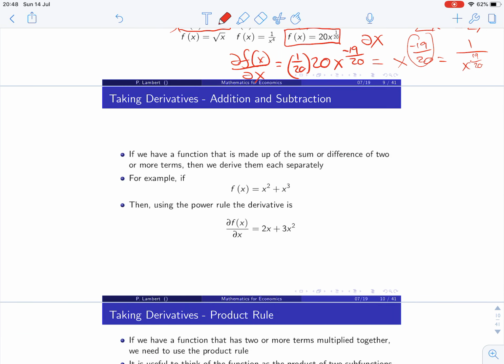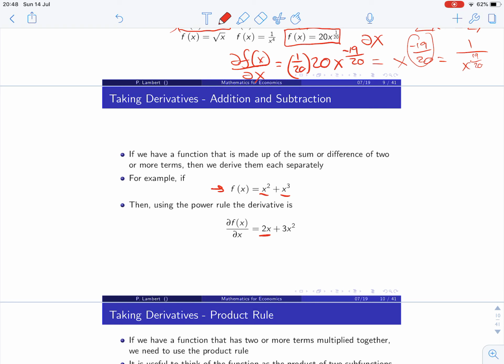We're now going to talk about rules for dealing with functions that have addition and subtraction inside them. So now we look at this function, f(x) = x squared plus x cubed. Using the power rule and this addition and subtraction rule, we just take each component individually. So what's the derivative of x squared? We showed in the previous slide that it was 2x.